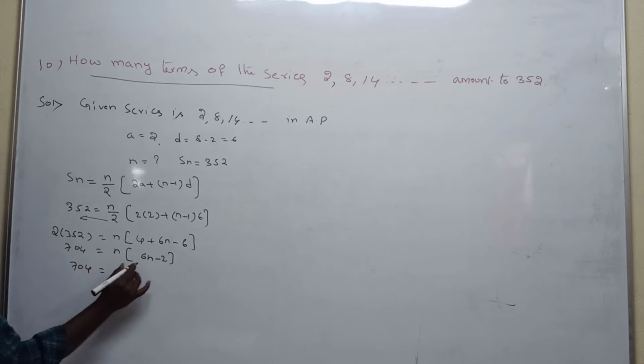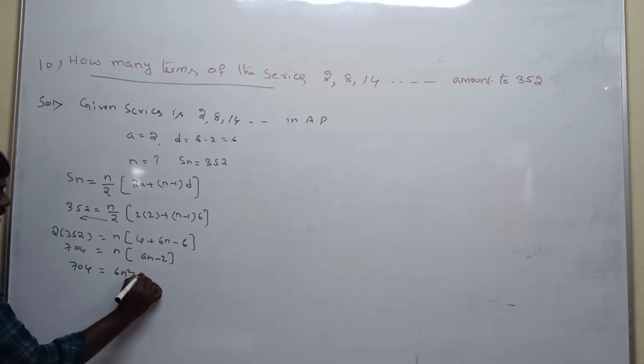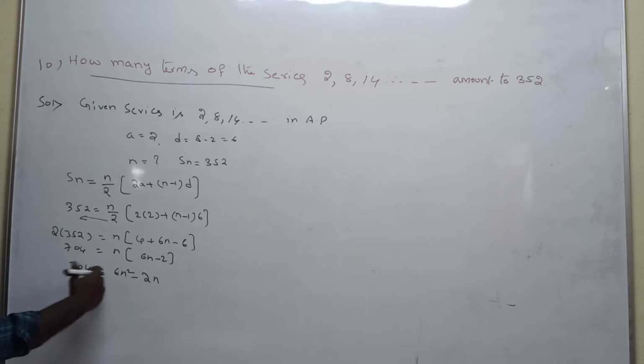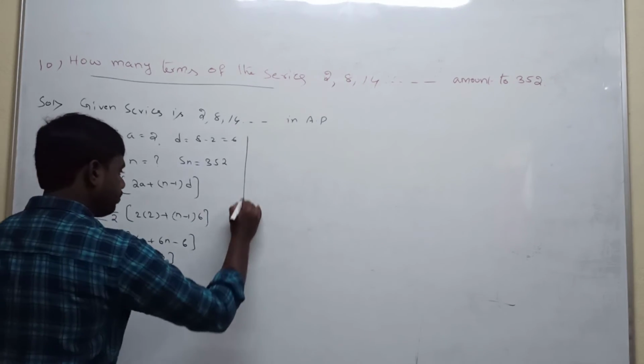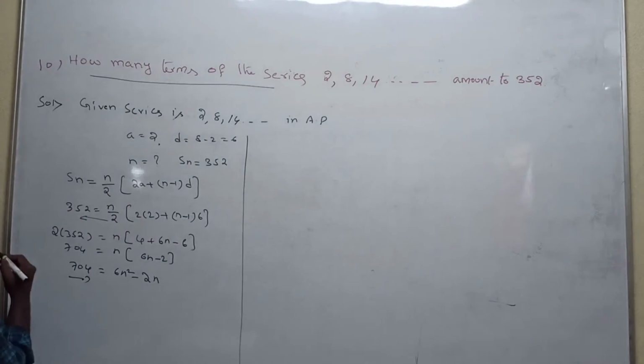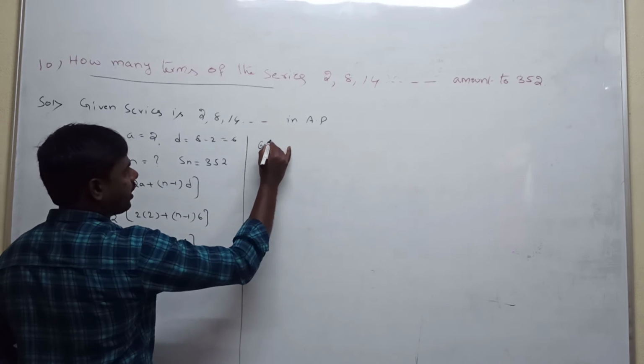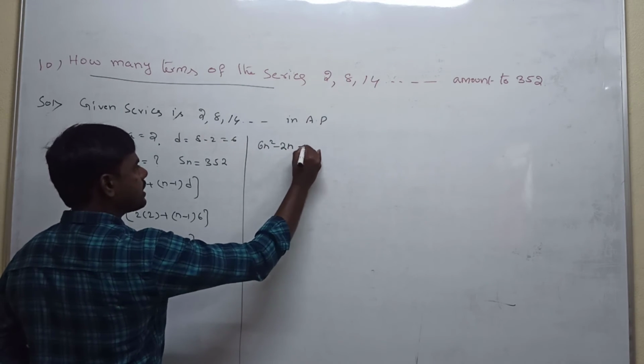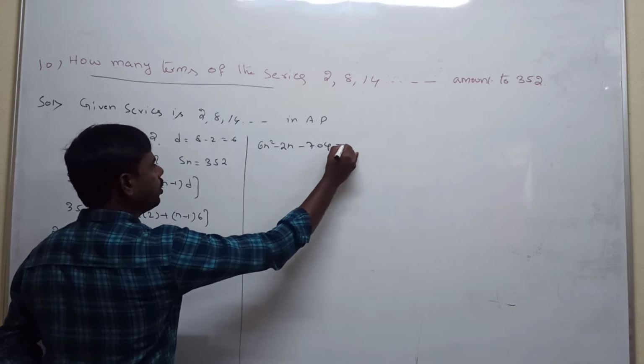So 704 is equal to 6n into n is 6n square, minus n into 2 is 2n. Here n square is positive, so we take the left hand side to the right hand side: 6n square minus 2n minus 704 is equal to 0.